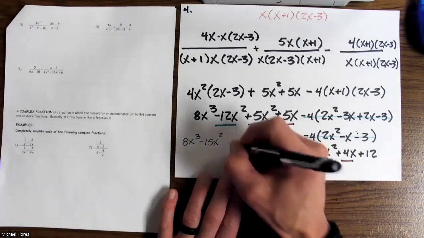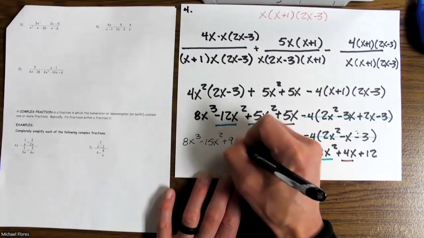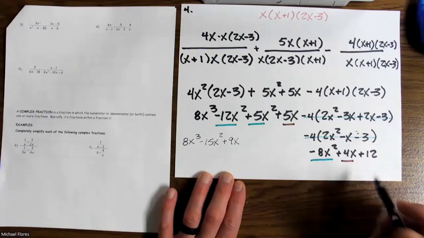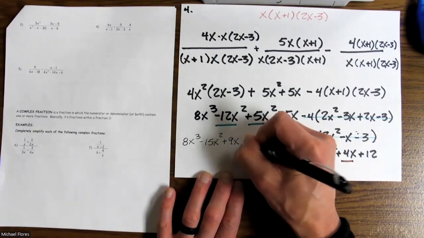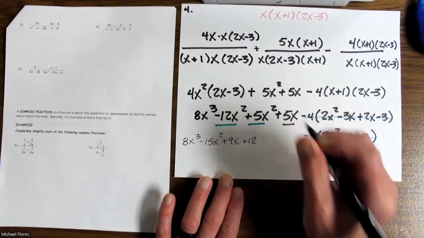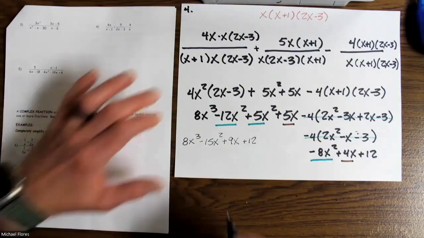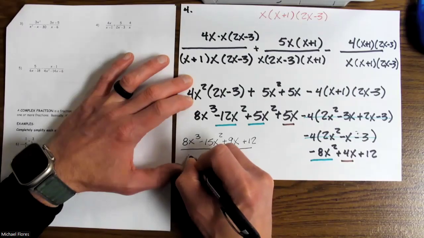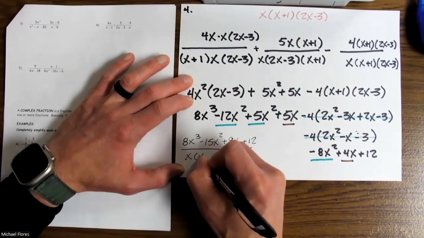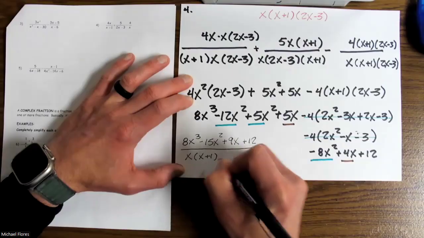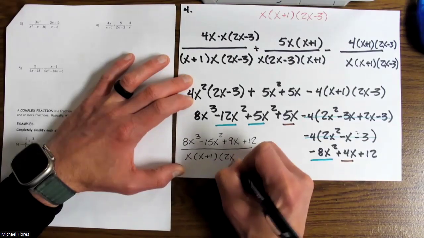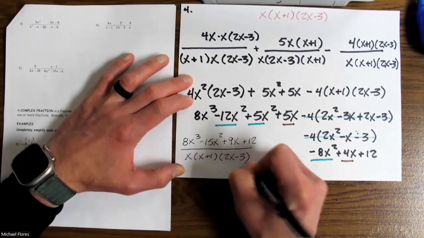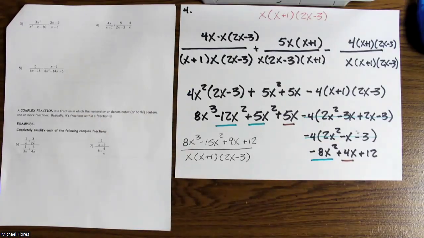5x plus 4x, that's going to be plus 9x. And then it looks like 12 is the only integer. Let's bring back our denominator, which was x times x plus 1 times 2x minus 3.